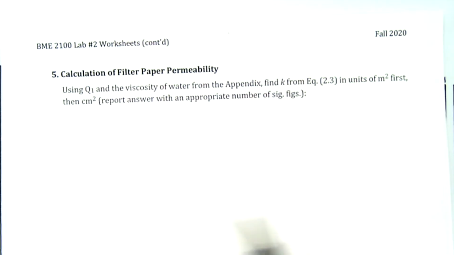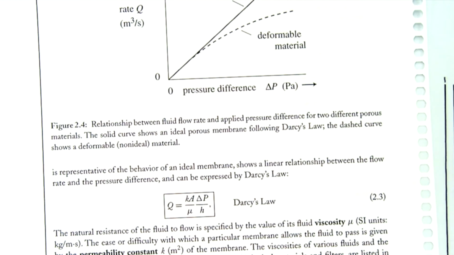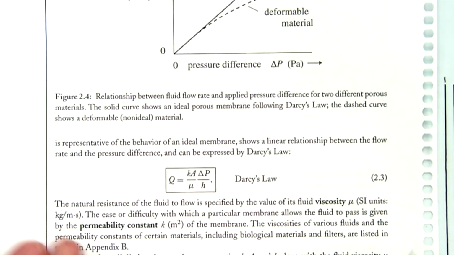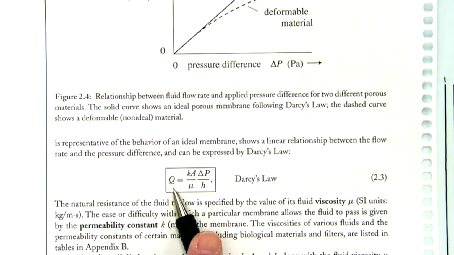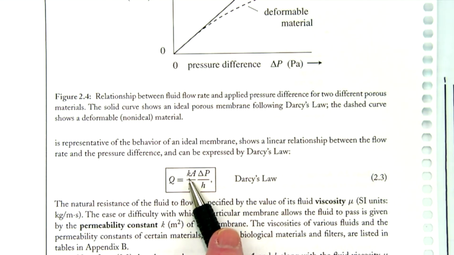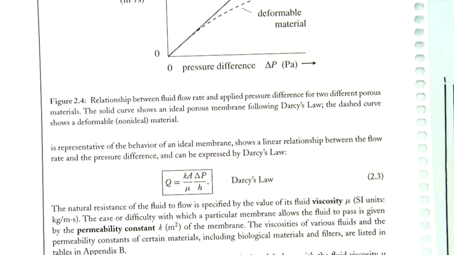And then the equation that you're going to use, equation 2.3, is Darcy's law, and that is in the textbook here, 2.3. And what you're going to do is, you know Q, you know viscosity, you know thickness, you know pressure difference, you know area. You're going to turn this equation around and solve for K. I'll let you do that now, because after you get your value, we're going to do a reality check.